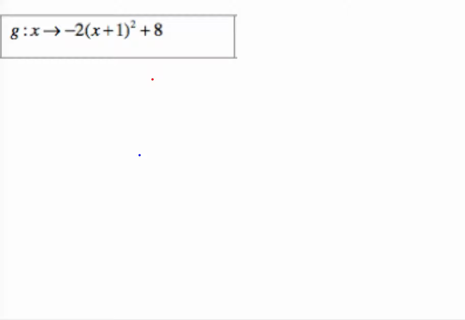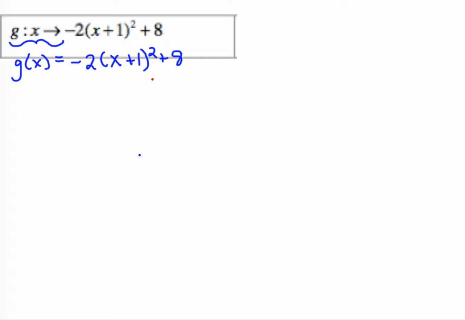Hi there, we're back with the second equation here, and this should look a little bit funky to you, but this is also function notation. This is g with respect to x, represents this function. So this is right here another fancy way to just say g of x equals negative 2 times (x plus 1) squared plus 8.